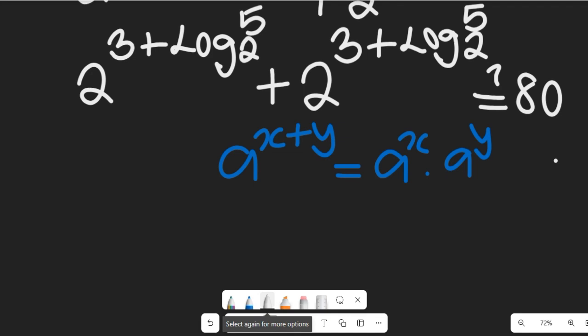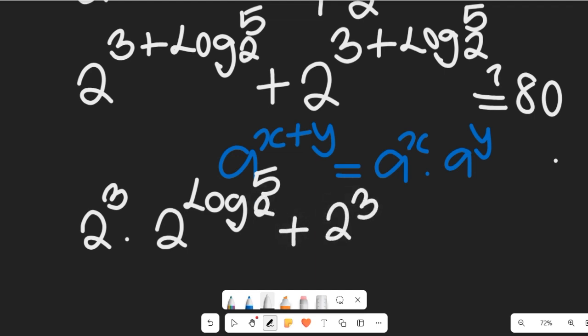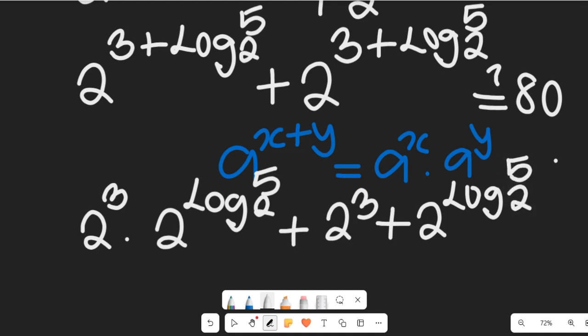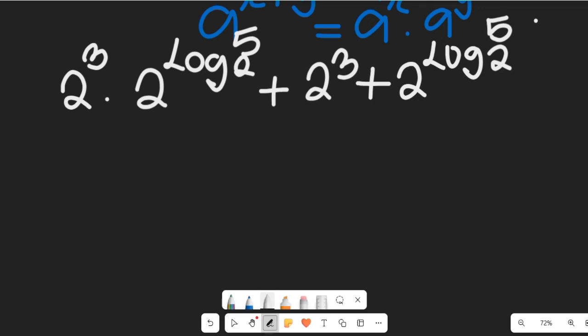Now you'll see that if we apply it here, we'll have 2 to the power of 3 multiplying 2 to the power of log of 5 base 2, and this will be plus 2 to the power of 3 plus 2 to the power of log of 5 base 2.